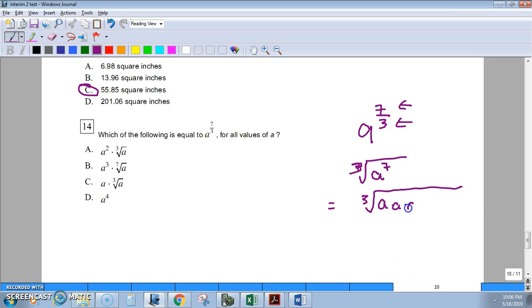So 1, 2, 3, 4, 5, 6, 7. For every 3 a's, I can cancel those out and bring 1 a to the outside. So I can bring a squared to the outside and the cubed root of just a. Okay, and that means my answer is A.